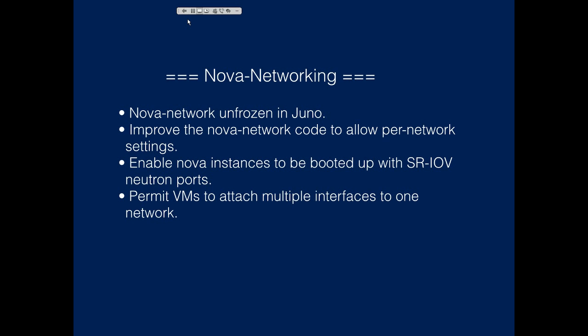There was a change in the Nova network code to allow per-network settings. Four additional fields were added to the network table: MTU, DHCP server, share address, and enable DHCP. So they can have parity with Neutron.